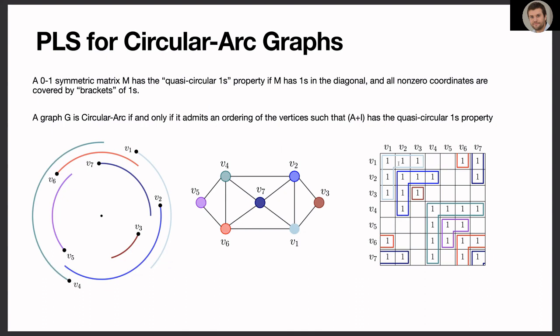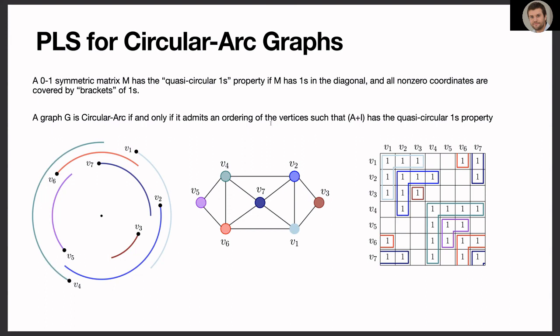You start on the diagonal and look for the first 0 in the row, and since it's symmetric, this forms an inverted L, and this can be periodic because of the property, so you can go around modulo n. We say that a matrix has the quasi-circular ones property if every one in it can be covered with these brackets.